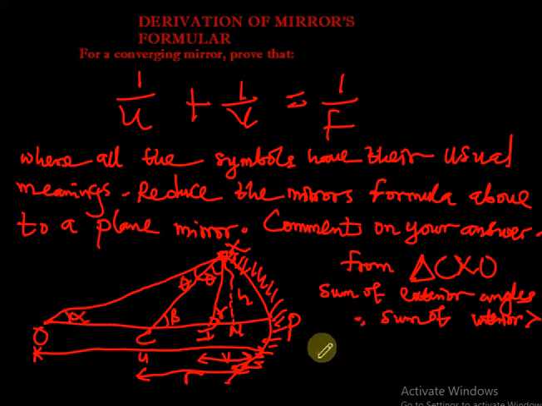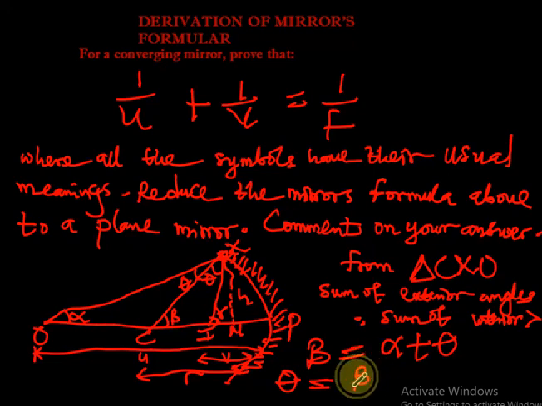So exterior is beta equals interior alpha plus theta. So it is possible for us to make theta the subject of formula. Theta will be beta minus alpha. You take alpha to the other side for theta to be the subject of formula. Call this equation 1 from this diagram.